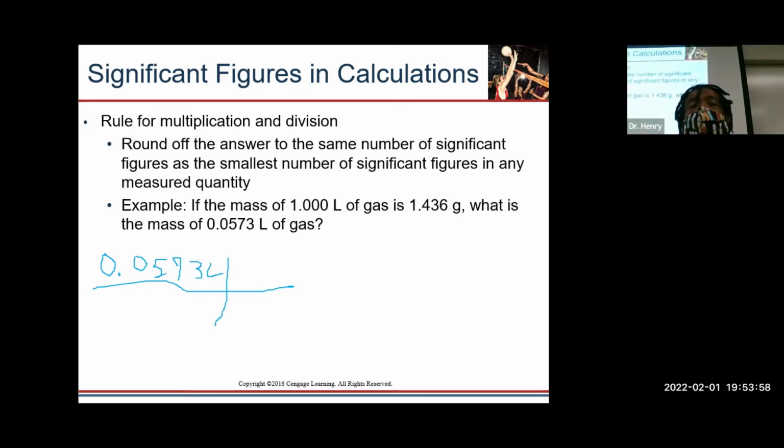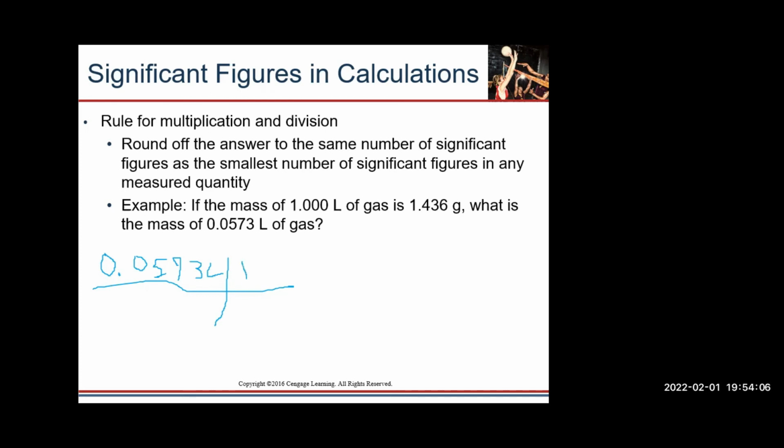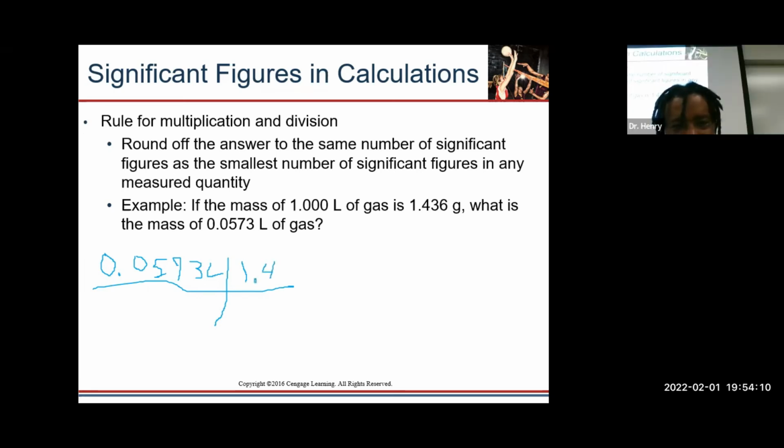Okay, so who's going to go on top and who's going to go on bottom? 1.436 is going to be on top. That's right. And you guys said 1.000 liters on the bottom.